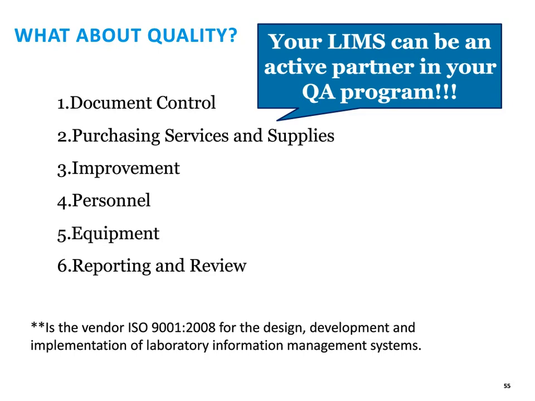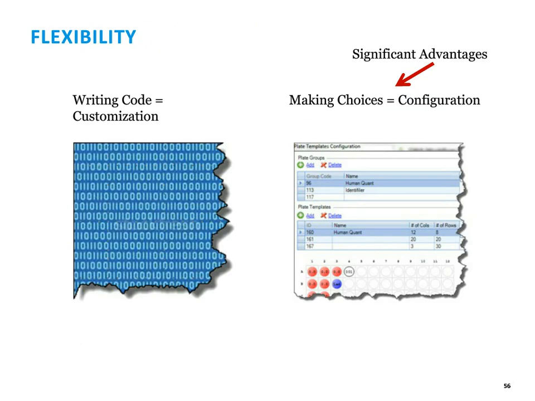Another thing you'll want to look for is a vendor that can provide you flexibility without the need to write custom code for everything that you want to do. So in our terminology, we think of customizations as something done to the system that requires someone to write code, versus configuration, which simply means you're making some choices about how you want your LIMS to work in your business environment. There's a lot of advantages if you can use a vendor that provides a large degree of configuration versus customization.